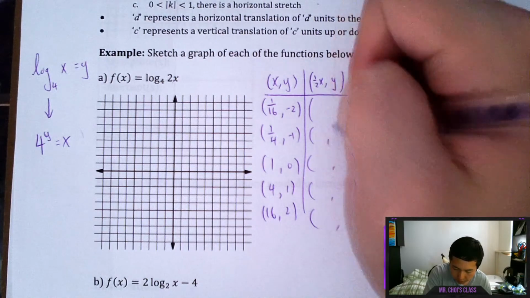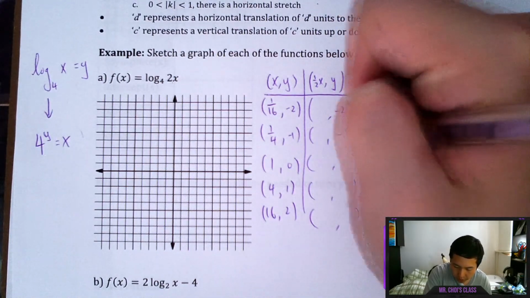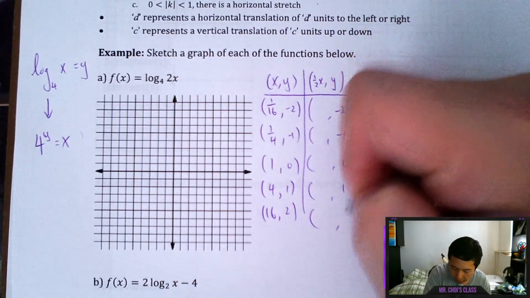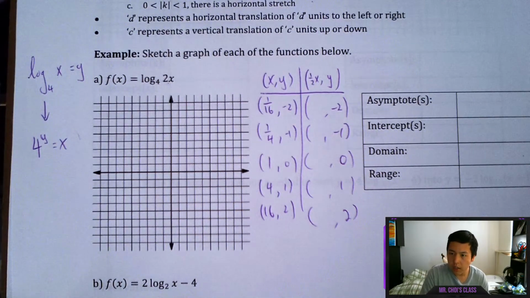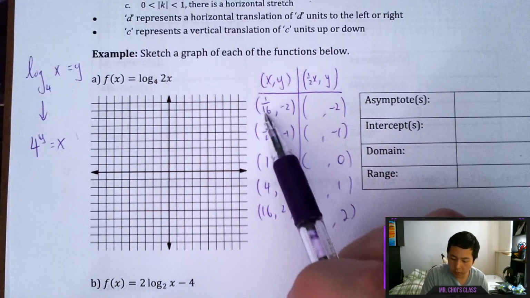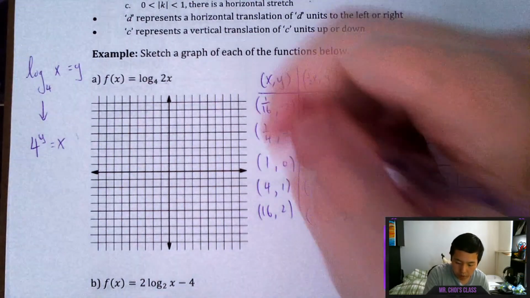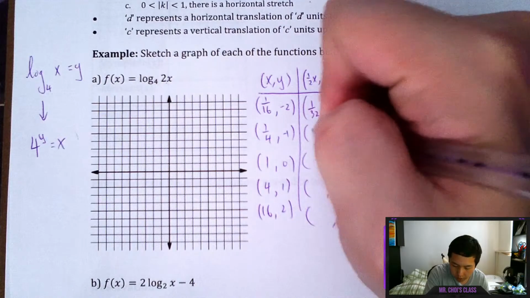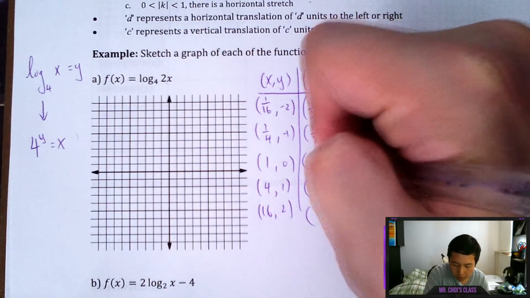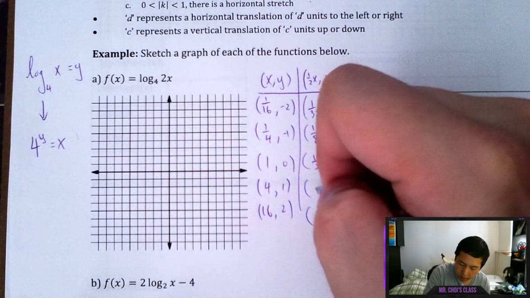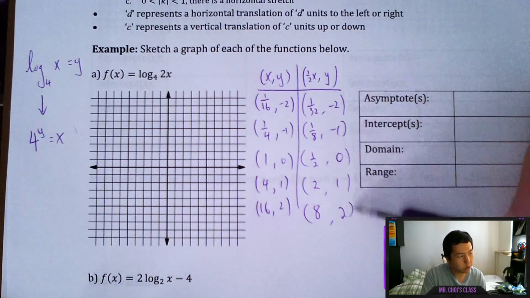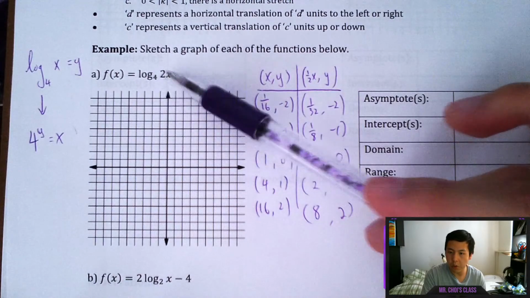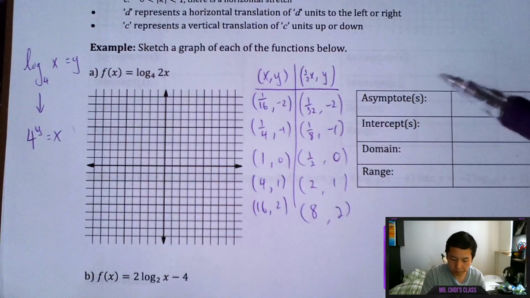We know there are no transformations on the y value, so all we have to do is take these x numbers and divide them by 2. So this would be 1/32, 1/8, 1/2, and then 2, 8. And there are our points for our log base 4 of 2x function.